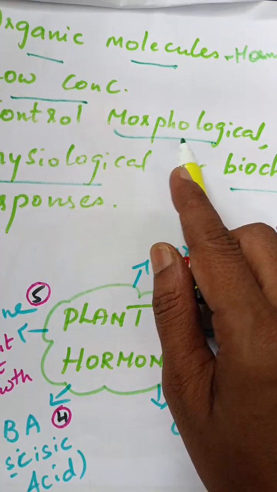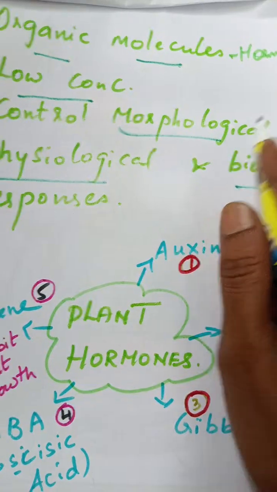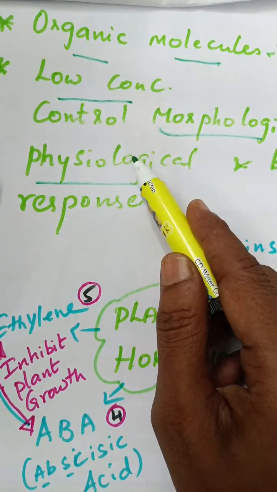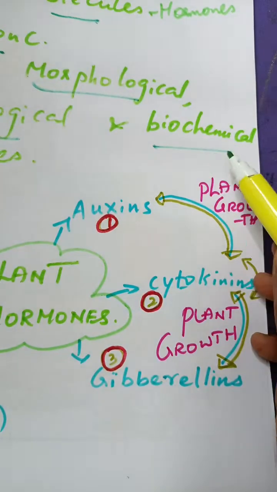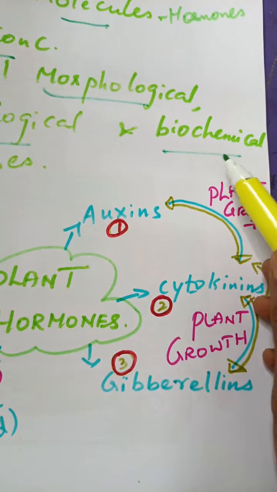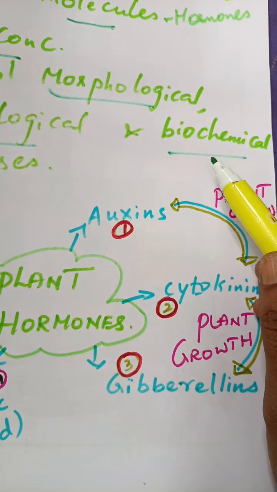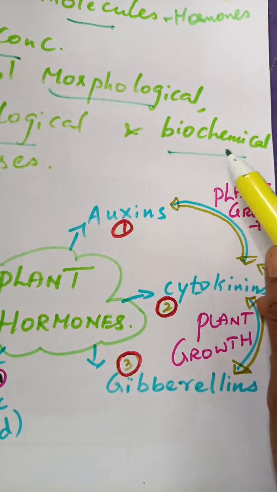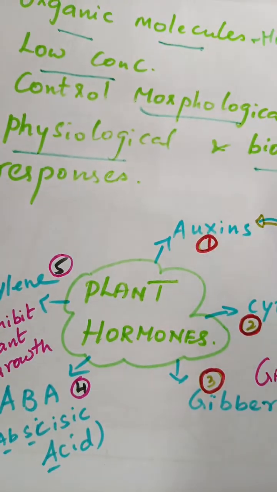Mainly they play the morphological role, that is physical and structural appearance, and the physiological role, such as nutrition and respiration, and then all the biochemical responses, like glycolysis, photosynthesis, photorespiration. So all those functions and responses need the phytohormones.